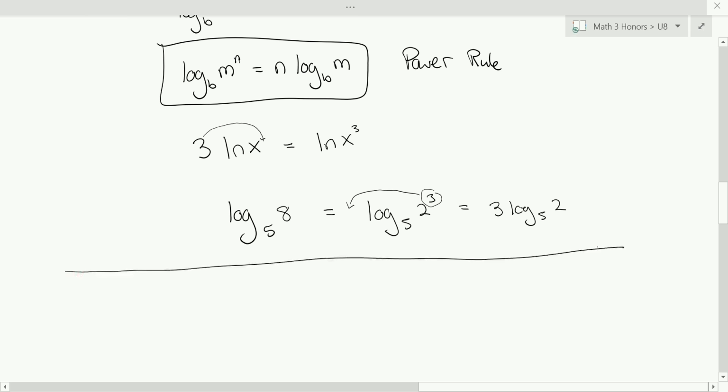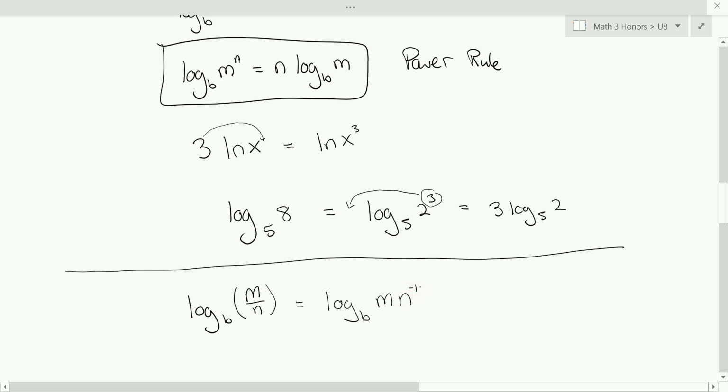And our last rule, if we have the log base b of m divided by n, we're going to use the previous 2 properties to help us figure this one out. I could say that that's equal to log base b of m times n to what power? Negative 1. Good.